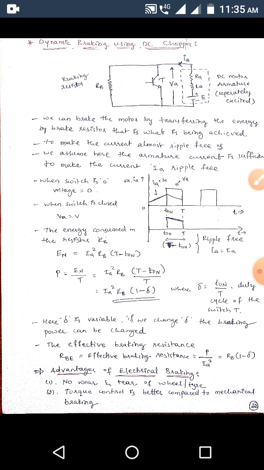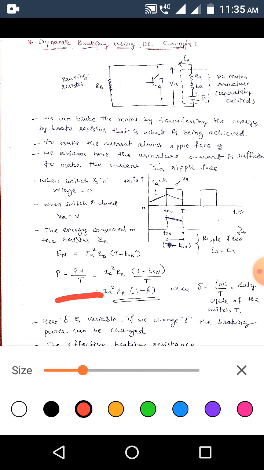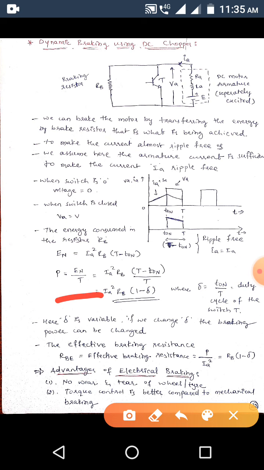So P is equal to En divided by T here. Now substitute En: En is equal to I square Rb into T minus T on, divided by T.